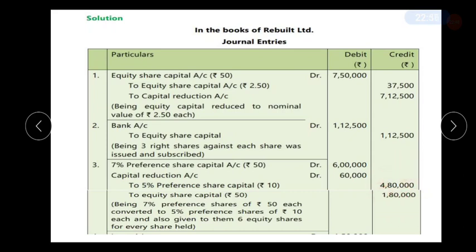Their amount is considered as fully credited, but you need to debit for crediting it. One thing is their old preference share is debited, but that is not sufficient. You can also debit the capital reduction account by 60,000 for the balancing amount. So now it is fully settled.